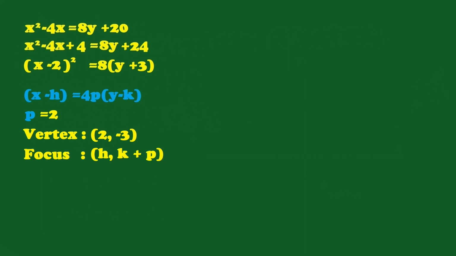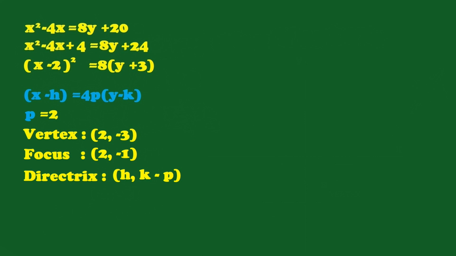Let us find the focus now. With the following format, you just substitute the above values. So, h is 2, k is -3 plus p, which is equal to 2. The focus point is set at coordinate 2, -1.